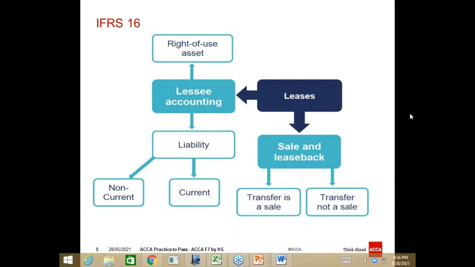IFRS 16 has a short-term lease exemption. It is taken under short-term lease if it is related to land and building.